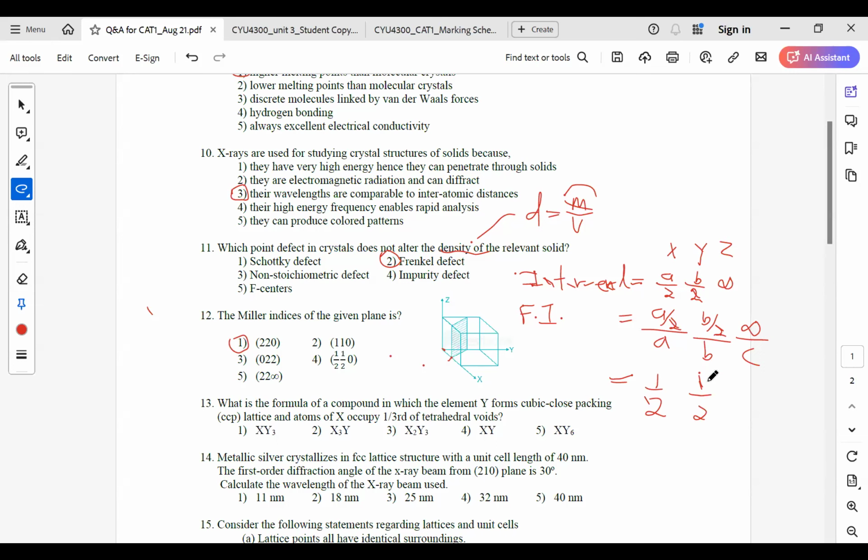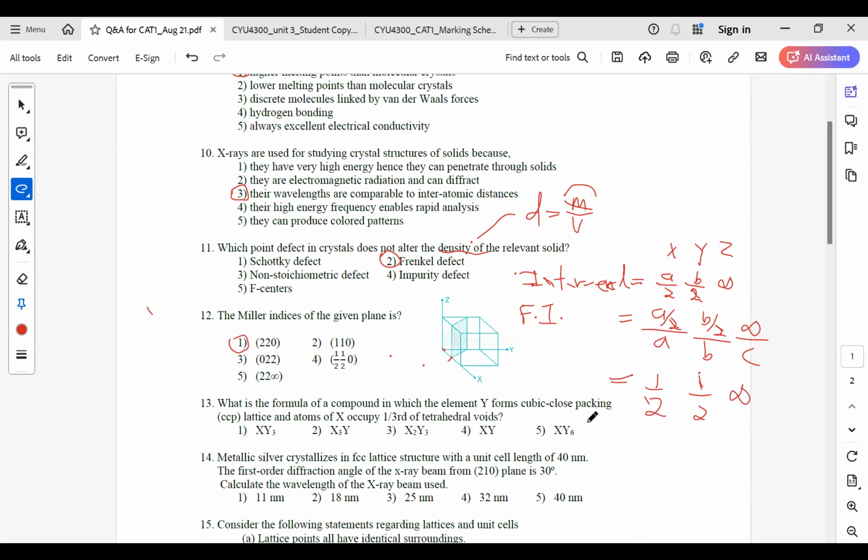What happens if you divide infinity by some number? No, infinity divided by any finite number is still infinity.